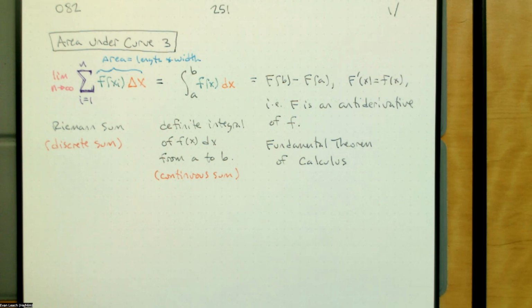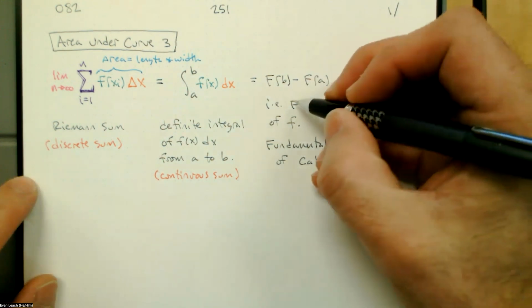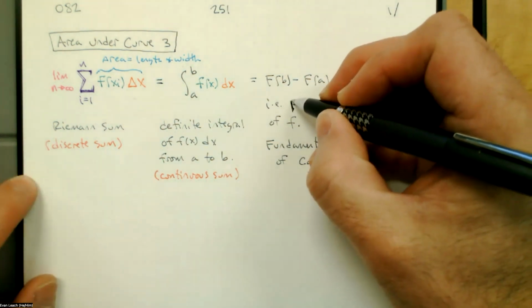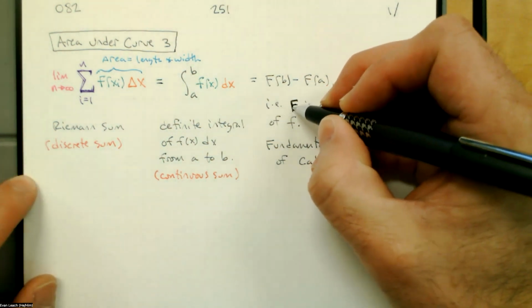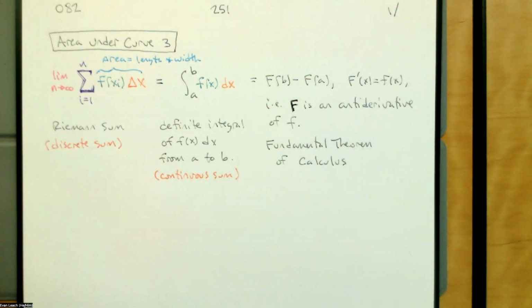The definite integral of f of x dx from a to b is capital F at b minus capital F at a, where capital F is an antiderivative of little f.